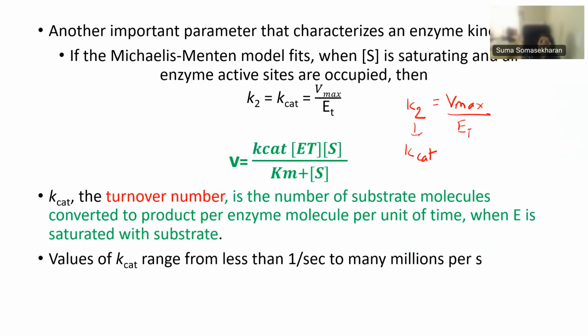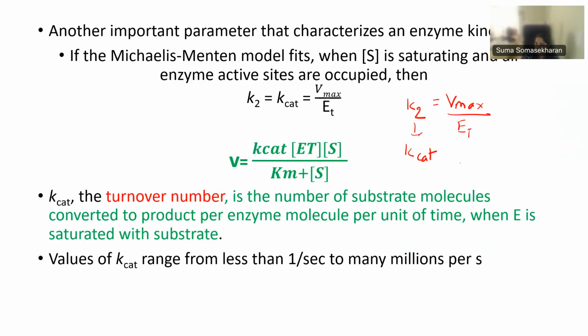And so if you substitute in the Michaelis-Menten equation, when all of the enzyme is in the form of enzyme-substrate complex, then velocity is equal to Kcat.